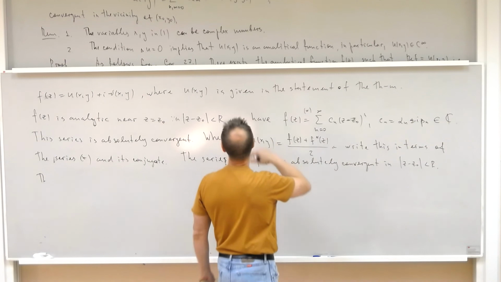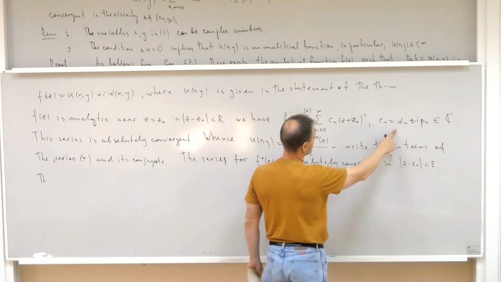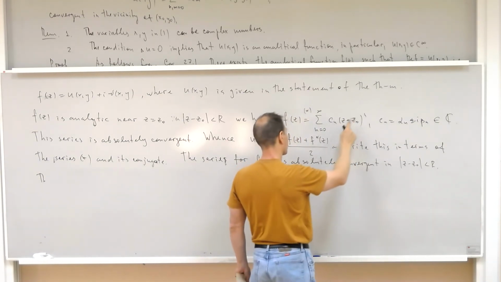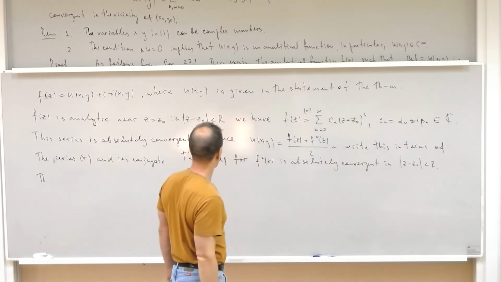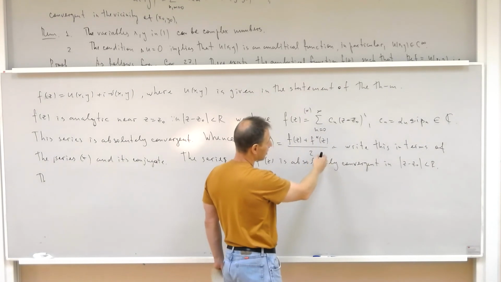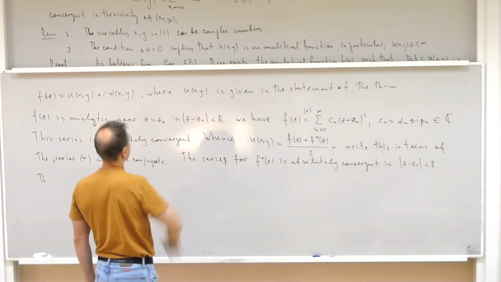Then, as we have the sum of two absolutely convergent series, one can rearrange the terms in the series, and we can write this.